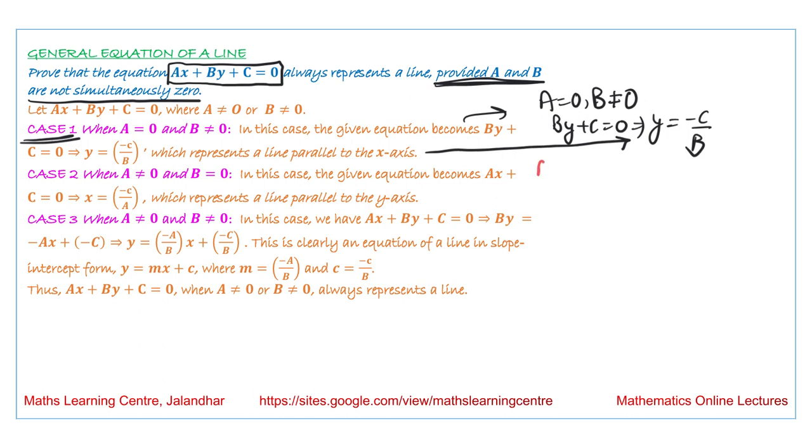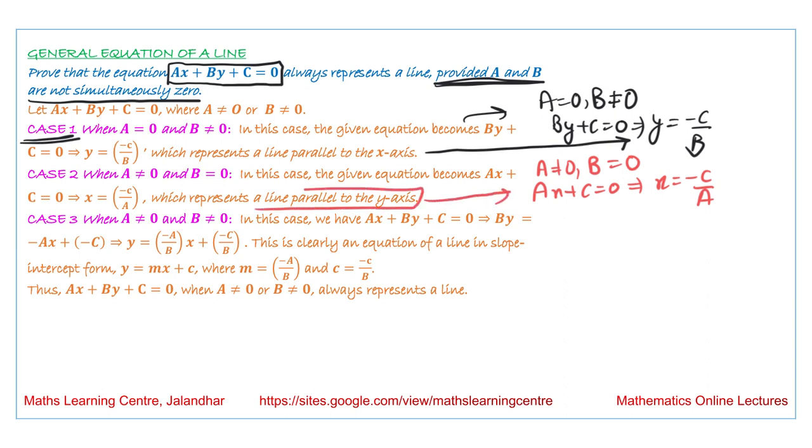In the second case, when a is not equal to 0 and b is equal to 0, we have ax plus c is equal to 0. This implies that the value of x is minus c by a, so it is representing a line parallel to y axis.